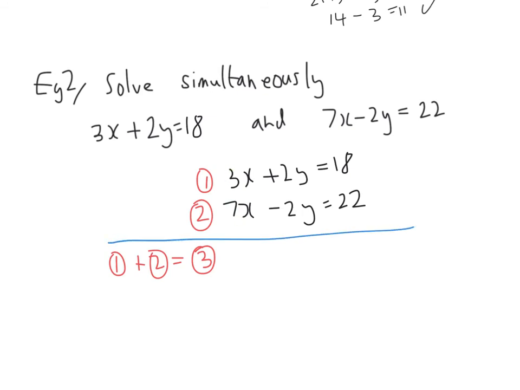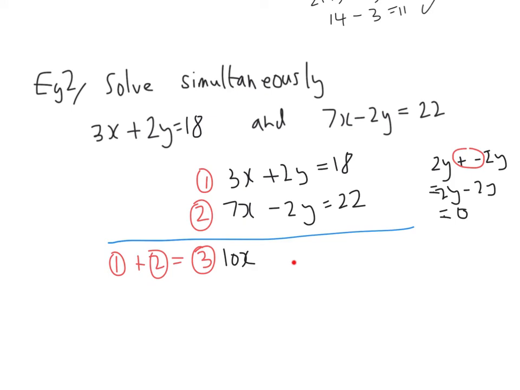If we add the 3x and the 7x, we get 10x. If we add the 2y, and we're adding the equation, so we're adding 2y with negative 2y, I'll just write it out at the side to show you what happens. If you're adding the negative 2y, you're actually doing 2y take away 2y, and that is 0.